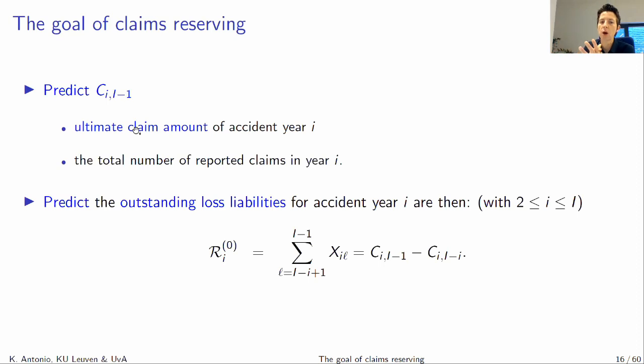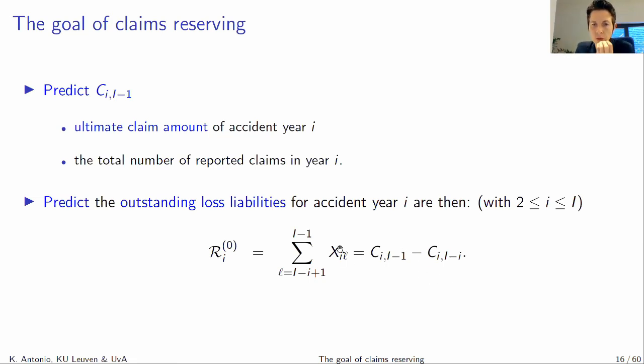And if I rewrite this to an actual reserve, a reserve for accident year I, then I can see this reserve either as a sum of incremental cells, X_{I,L}, or as a difference between two cumulative numbers. This is important, and it's a lot of juggling with the indices.